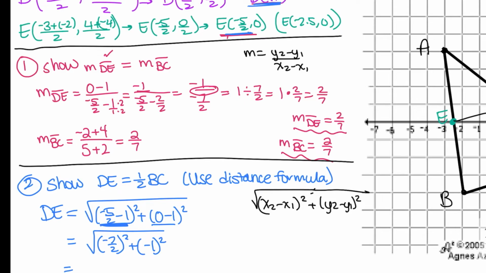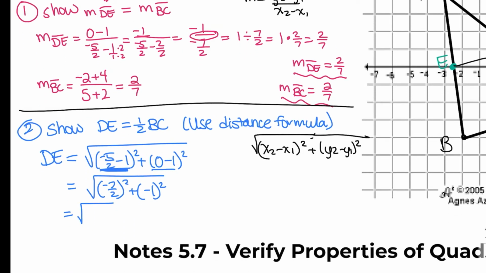So this ends up becoming the square root of negative 7 over 2 squared. When I square, it means negative 7 times negative 7 is 49, 2 times 2 is 4, and then negative 1 squared is 1. So I need to change this into a fraction. So 1 over 1, I'm going to get a common denominator of 4.